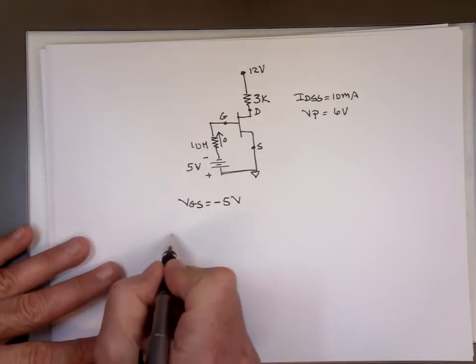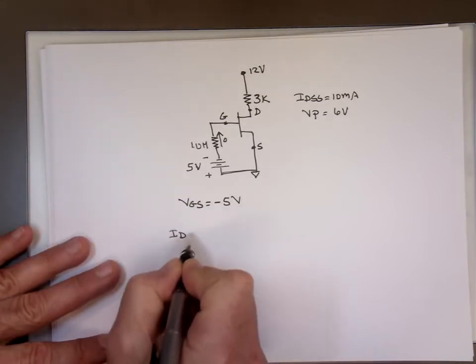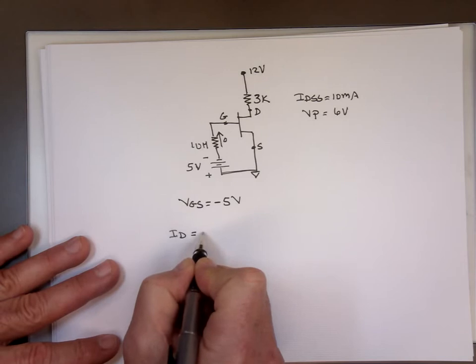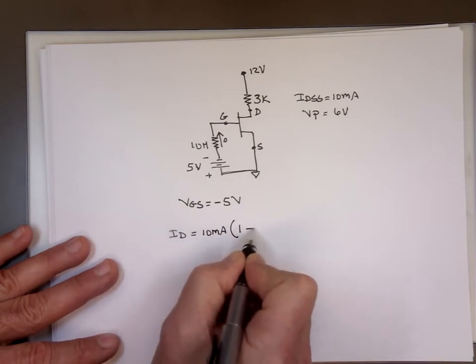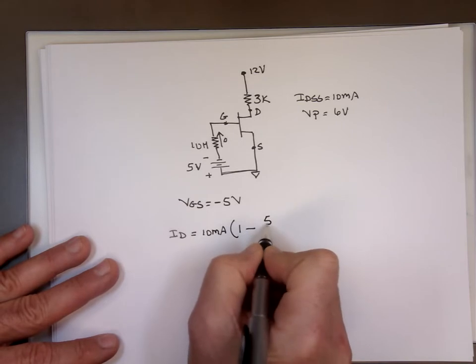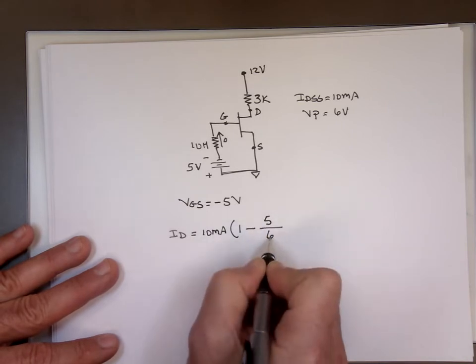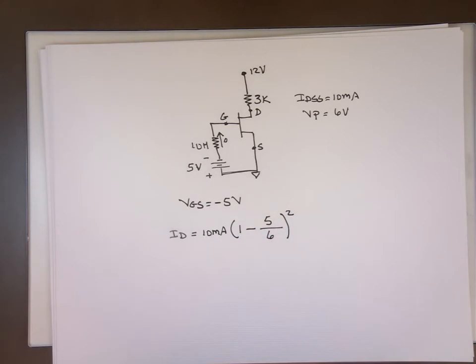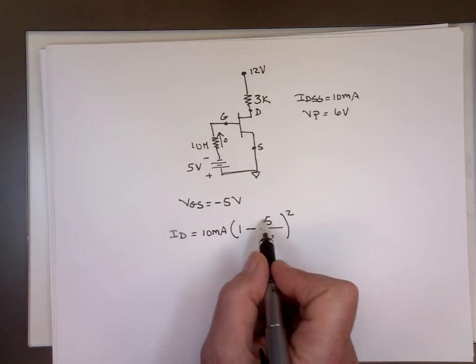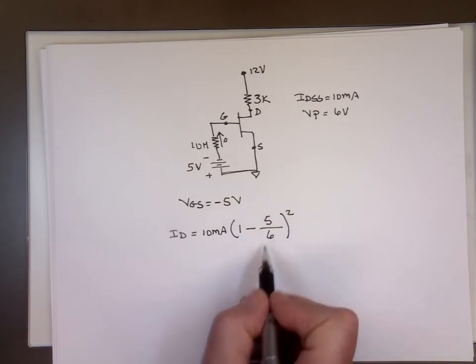I sub D is going to be I sub DSS, which is 10 milliamp, times 1 minus VGS, which is 5, over VP, which is 6, and you're going to square that number. Some of you are going, how come you're going to write that minus 5? Well, if you're going to put this minus 5, you better make this minus 6.